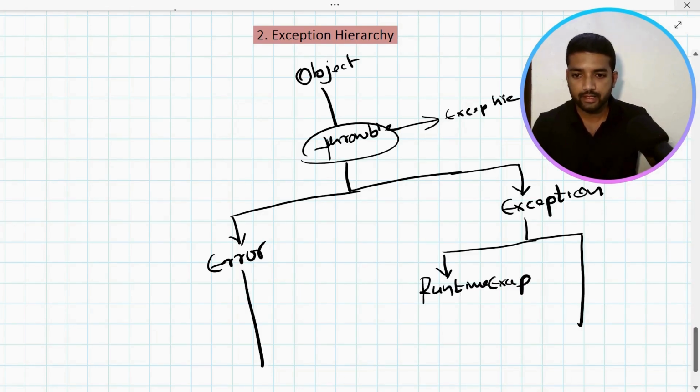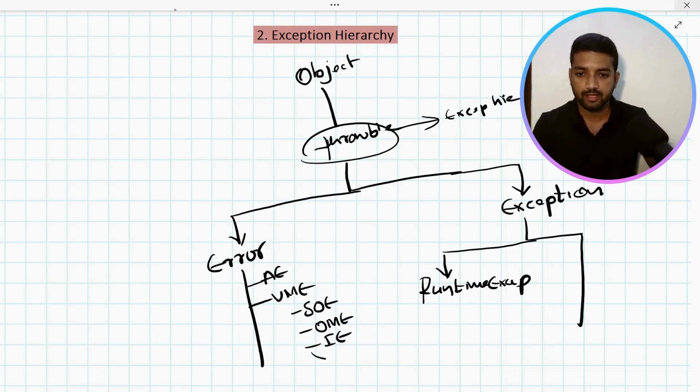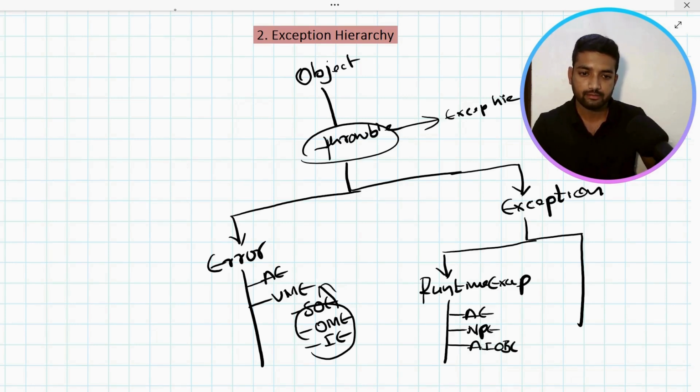Error has subclasses like AssertionError, and VirtualMachineErrors like StackOverflowError, OutOfMemoryError, InternalError. These are subclasses of VirtualMachineError. And for runtime exceptions, we have ArithmeticException, NullPointerException, and array related ones like ArrayIndexOutOfBoundsException.